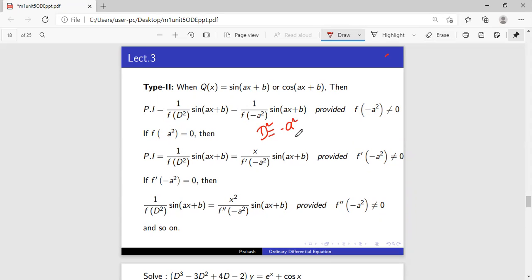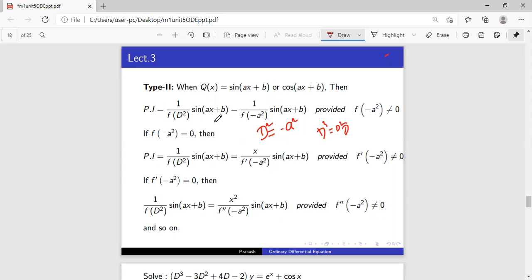You don't disturb the other terms of D. If you have D³, we can split this into D² into D. So whenever there is D², we put -a². This is the rule to find the particular integral if the form is sin(ax+b) or cos(ax+b).